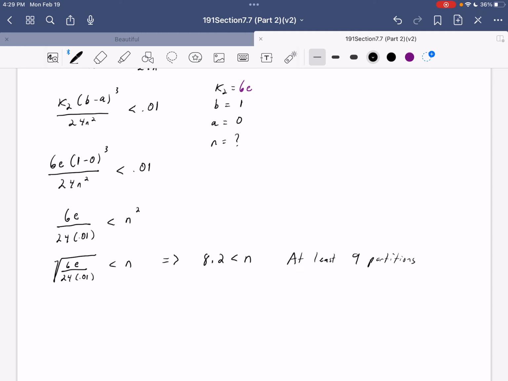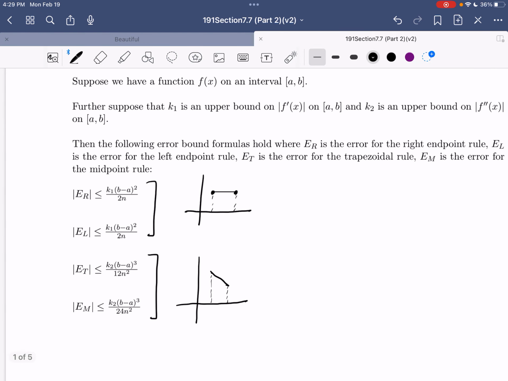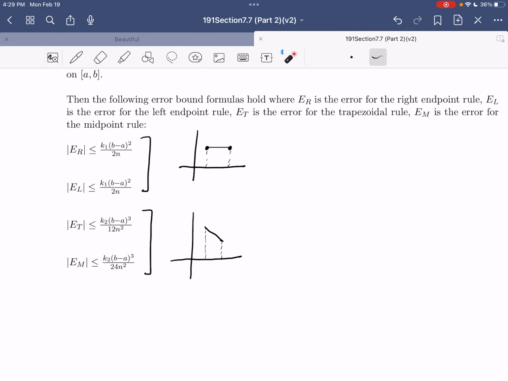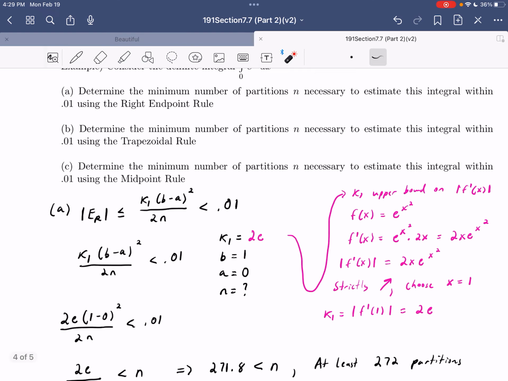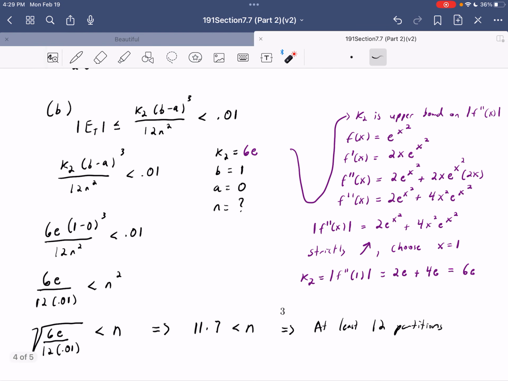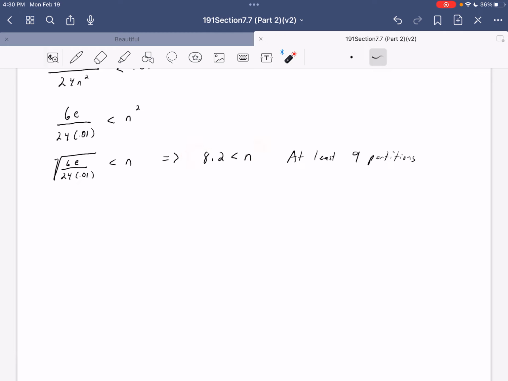Now, interestingly enough, sometimes people see this and say, I thought in the formula, if we look back, the only difference between these two is that this is 12 and this is 24. So shouldn't we just need half as many partitions? Well, actually, because this is an n squared, the difference in number of partitions, if you wanted to jump ahead from this answer to this one, is not by a factor of 2.